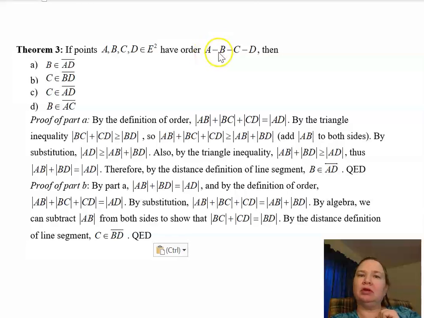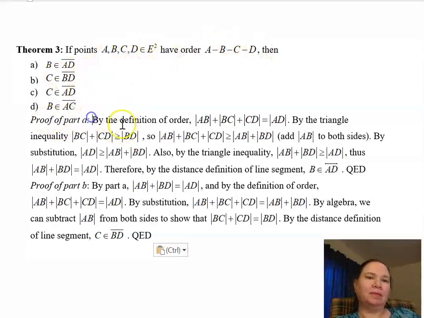So in particular, we're going to prove that these ones in the middle are on the segment with the endpoints A and D. That shouldn't be surprising because our definition for order is a lot like our definition of a line segment. So that's the first place we start.